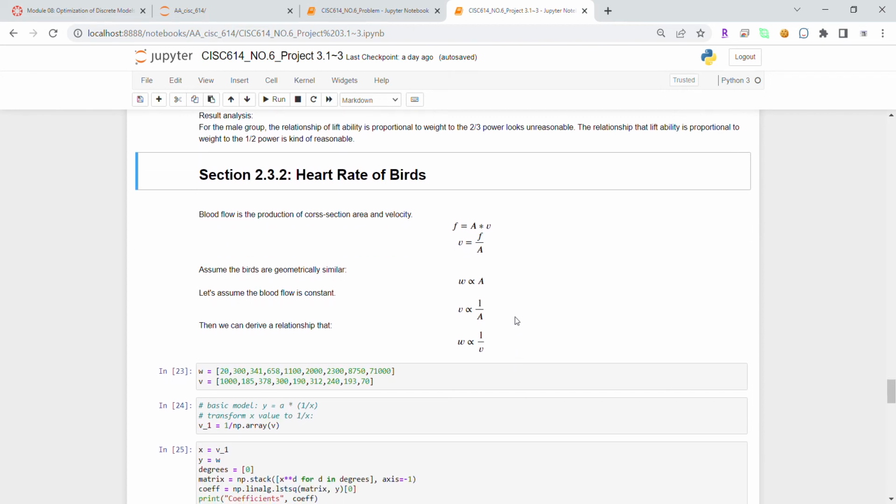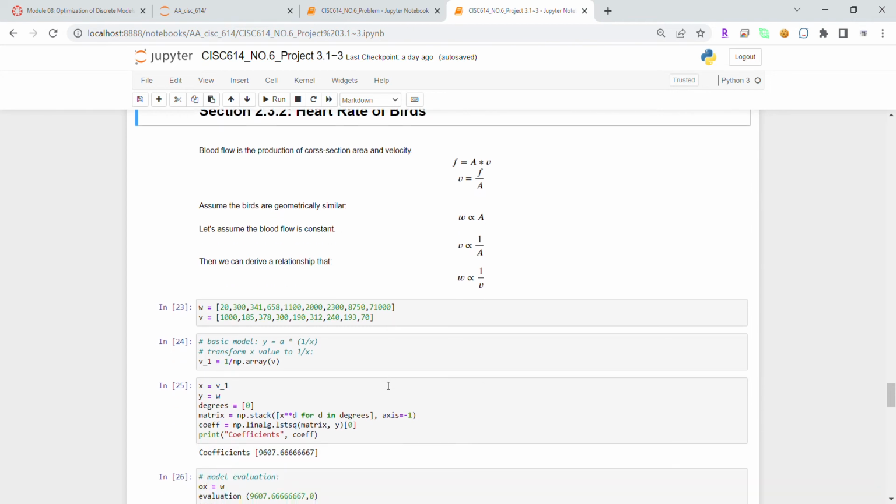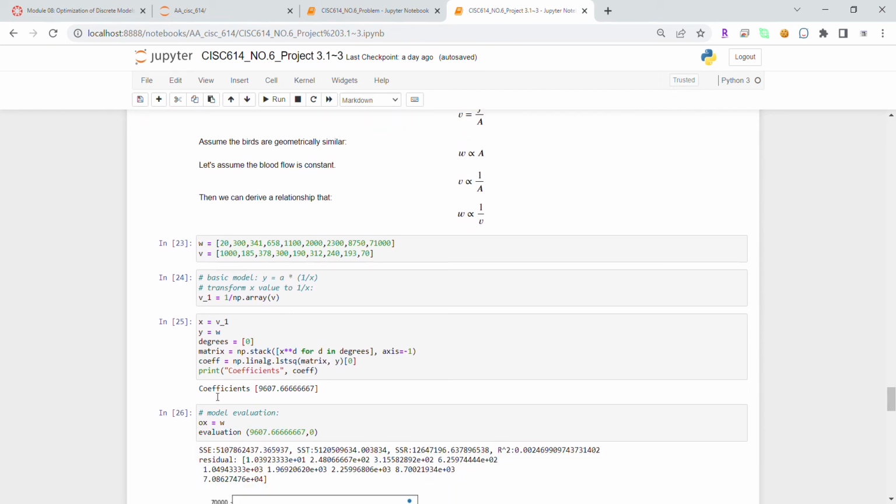So I'm going to fit the model by the given data. So here we transform the x value to x minus 1 power. Then I'm going to use the NumPy linear regression least square function to solve the coefficient of the A. So we got the coefficient.